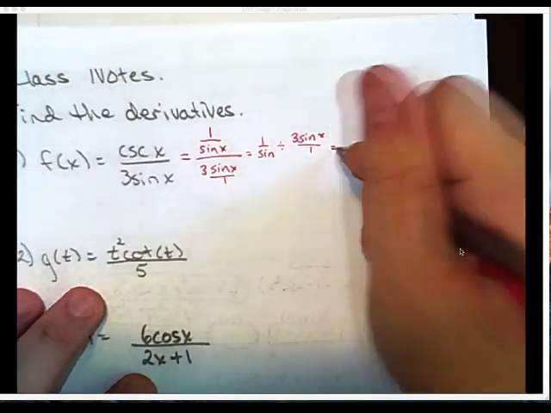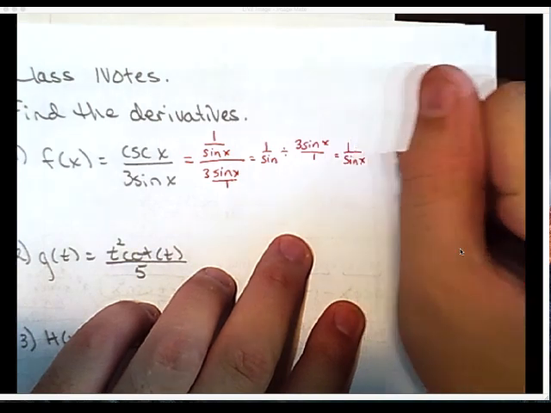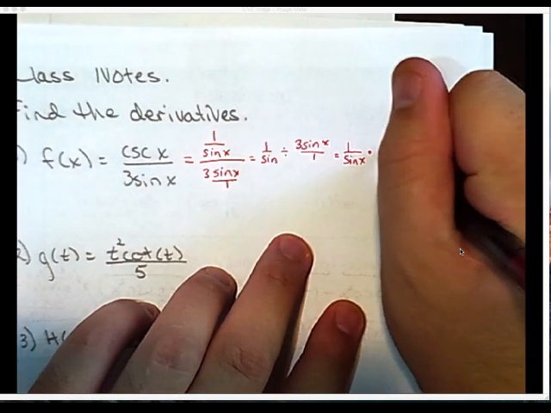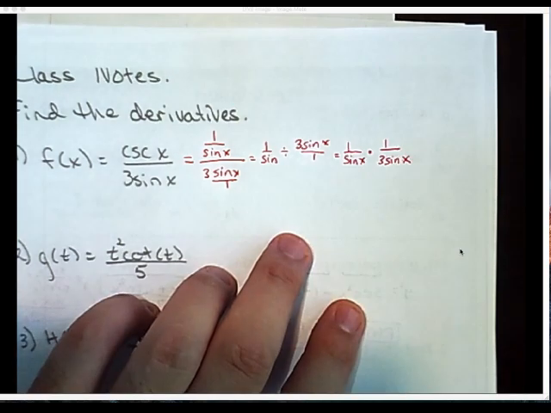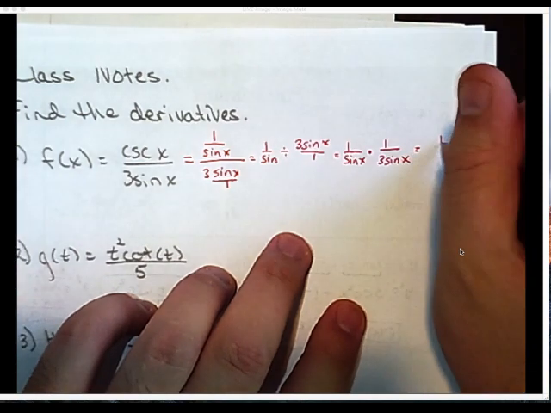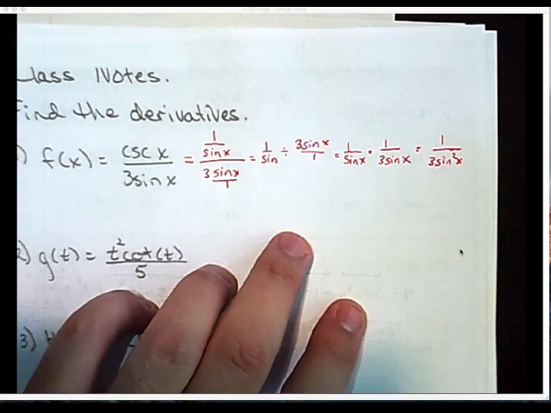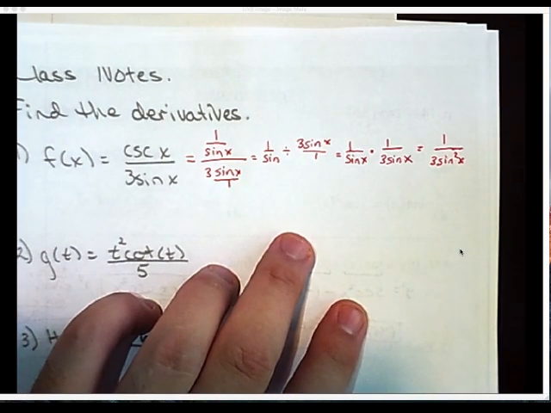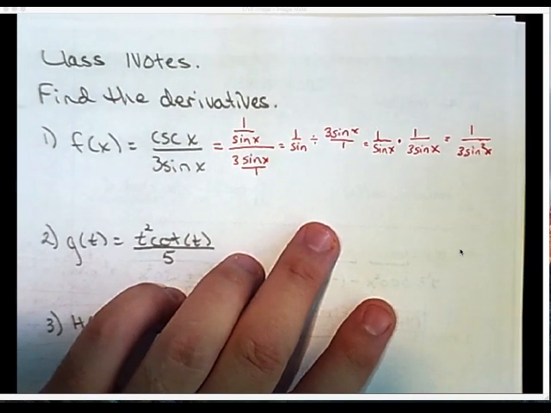Well, if you do keep, change, flip, you get 1 over sine of x times 1 over 3 sine of x. So you could write it like that. Okay, so that's another way I could rewrite f of x.